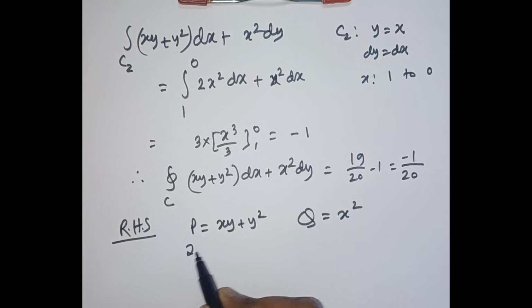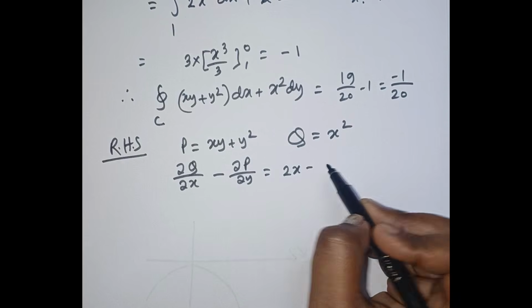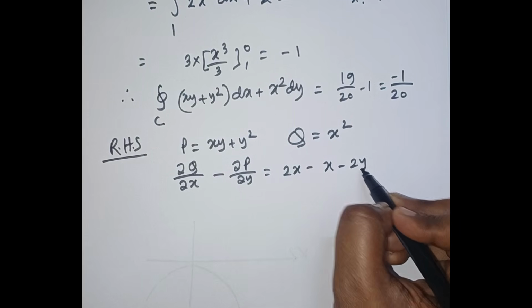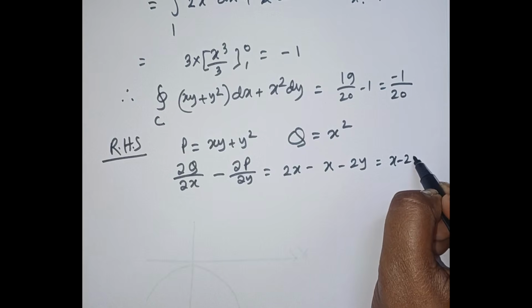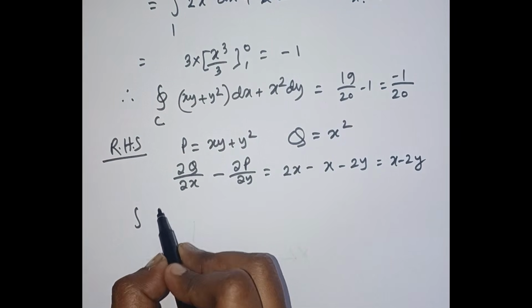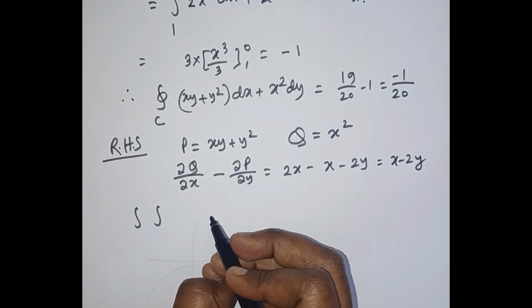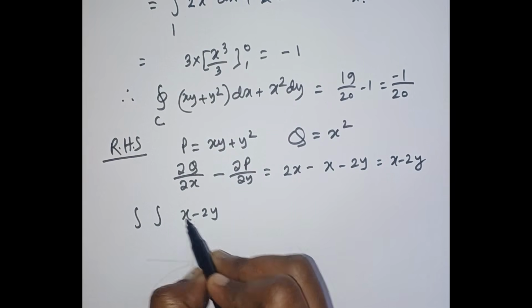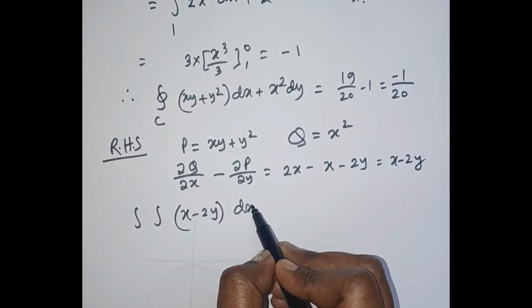So we have to calculate now del Q del x minus del P del y. Then it is 2x minus x minus 2y. Hence x minus 2y. So now we have to calculate the double integration of x minus 2y dx dy. This is our right hand side.